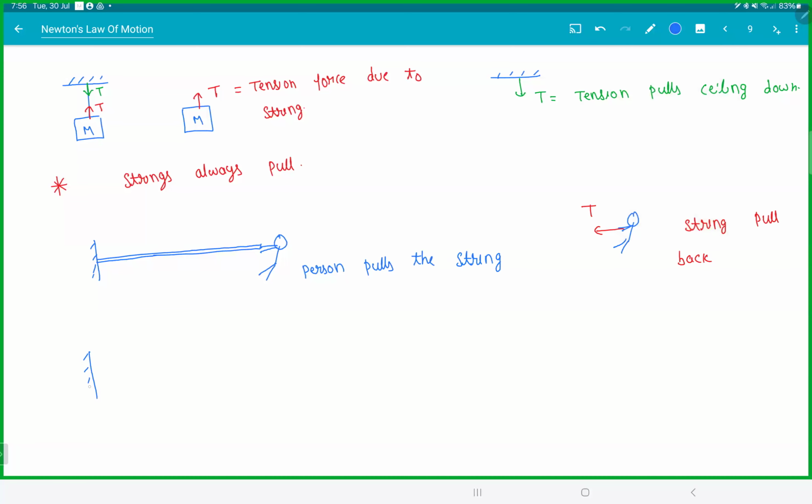Same thing, if the man tries to push, the moment you try to push, the string becomes loose.